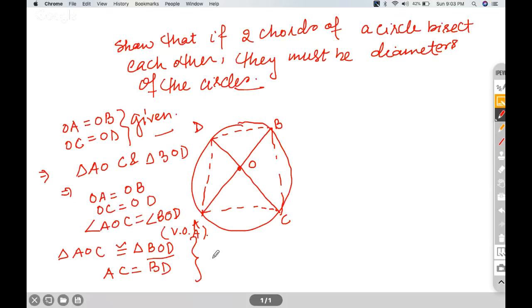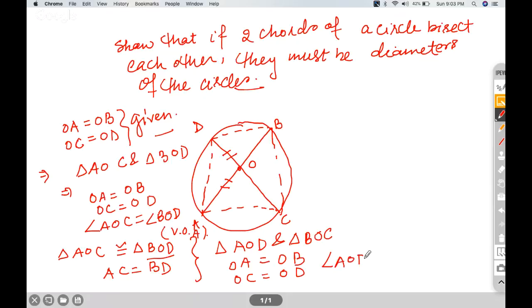Similarly, I can take triangle AOD and triangle BOC. So AO is equal to OB and OC is equal to OD, and I can also write that angle AOD is equal to angle BOC.